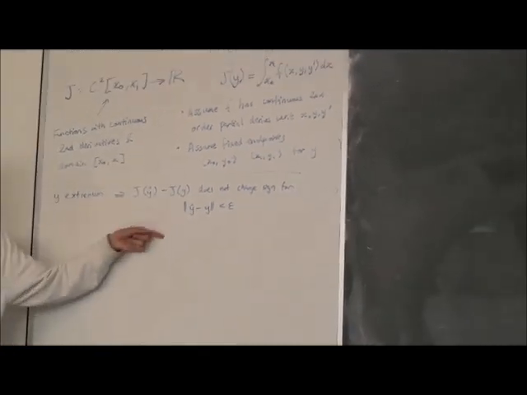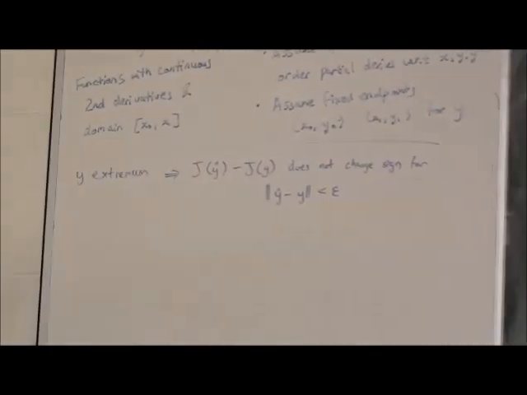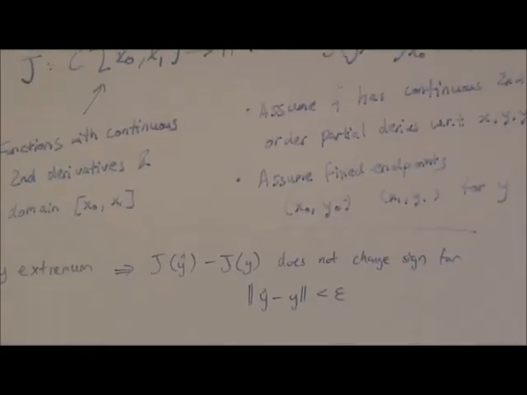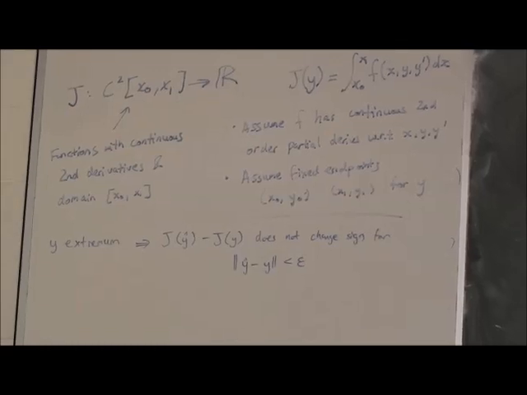Now this norm symbol is similar to the one used for vectors, except here we're dealing with functions, so we have to think about how we define the distance between two functions. There are many ways we can do this, and I'll give one example. This is called the supremum norm. The idea is you take the maximum difference in function value.